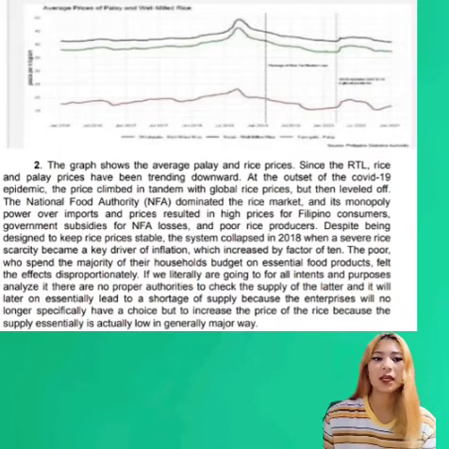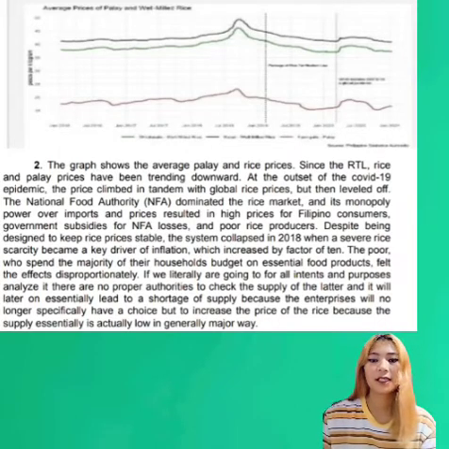Despite being designed to keep rice prices stable, the system collapsed in 2018 when a severe rice scarcity became a key driver of inflation, which increased by factors of 10. The poor, who spend the majority of the household's budget on essential food products, felt the effects of this disproportionately.